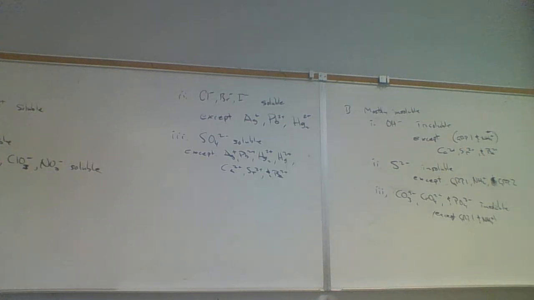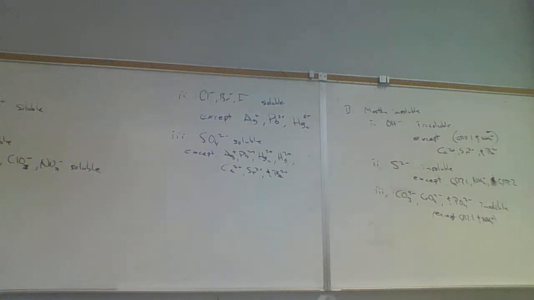Is that high charge or low charge? Well, we've got to look at the imbalance here. The charge on phosphate is 3 minus. What about the charge on chlorides, bromides, and iodides? Chlorides, bromides, and iodides are mostly soluble; carbonates, chromates, and phosphates are mostly insoluble. Do you see a pattern?